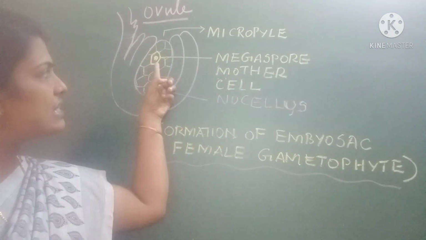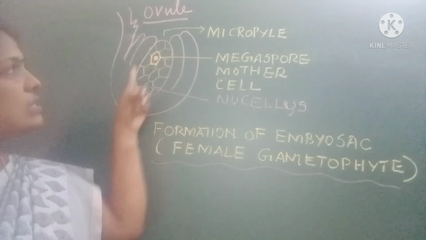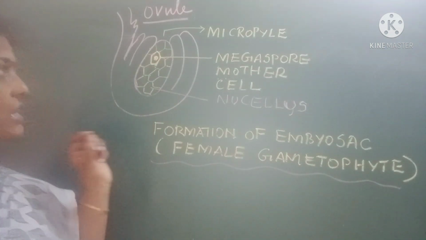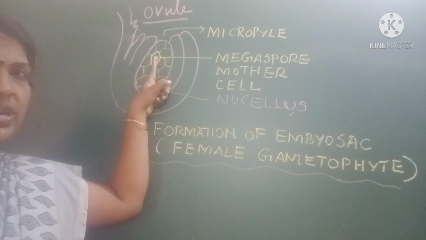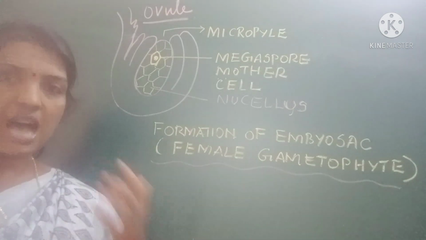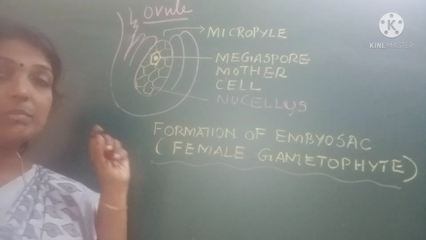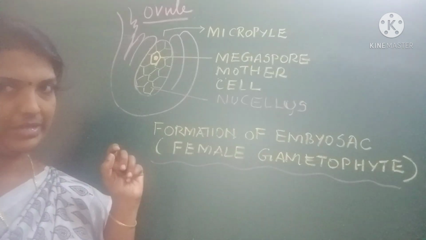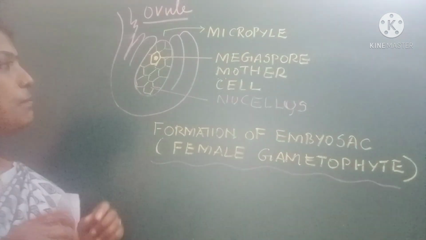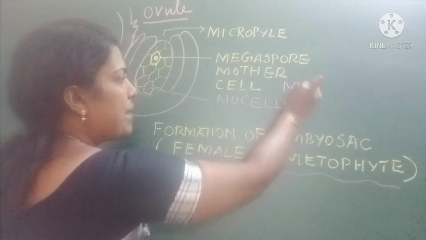Which cell acts as the megaspore mother cell? One of the cells present towards the micropylar side, which consists of a prominent nucleus and dense cytoplasm. That cell can be differentiated from other cells due to the presence of plenty of cytoplasm and a very prominent nucleus. So here we can see the megaspore mother cell, or MMC.